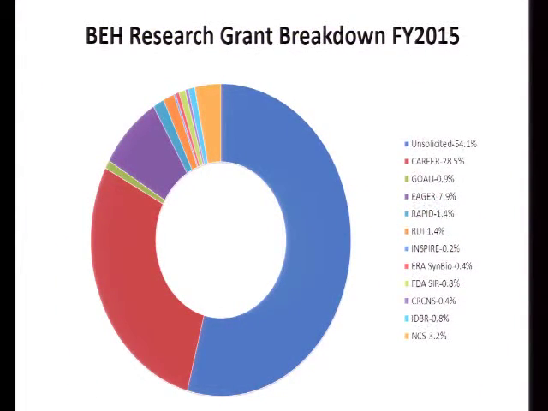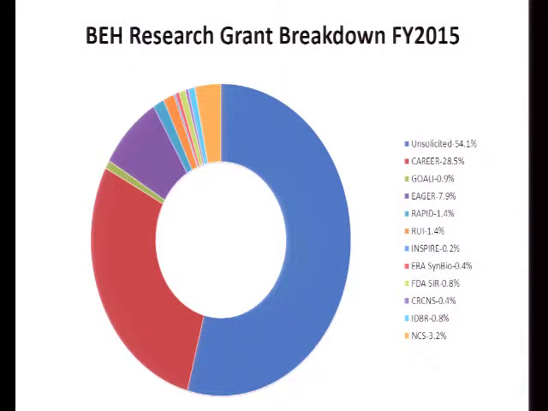This is how the funding for fiscal year 2015 was broken down for this Bioengineering and Engineering Healthcare cluster. You see that the majority of the funds went to the unsolicited proposal mechanism, with the CAREER proposal mechanism being a close second.